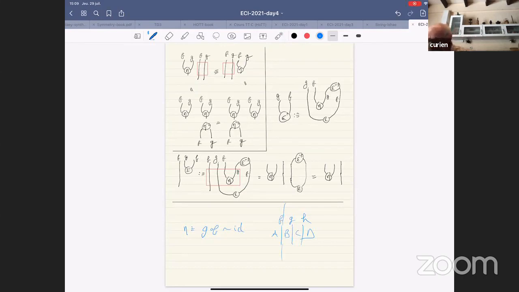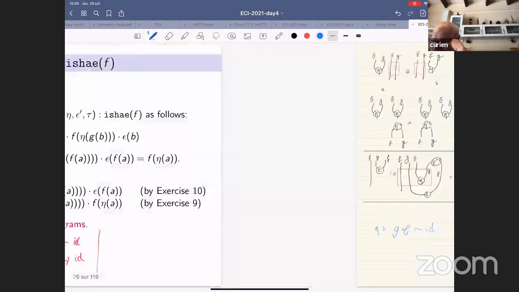And each of these parts will correspond to a type. Okay, just like here, A, B, C, D. Okay, so that's one thing also. And finally, I will have little operators like eta or like epsilon, or like the epsilon prime, which I'm seeking.